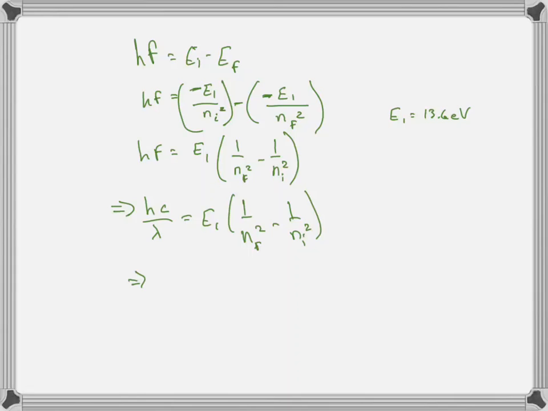And so therefore, 1 over lambda is equal to E1 over hc times 1 over n_f squared minus 1 over n_i squared. And lo and behold, what is this? Don't know if you recognize it, if you remember. That is the Rydberg constant.